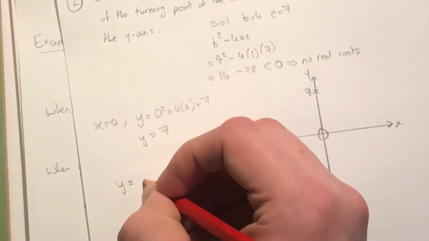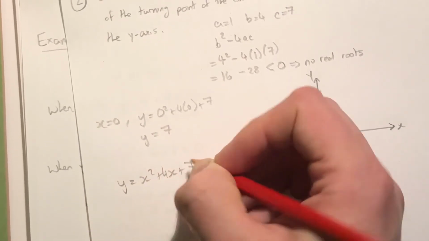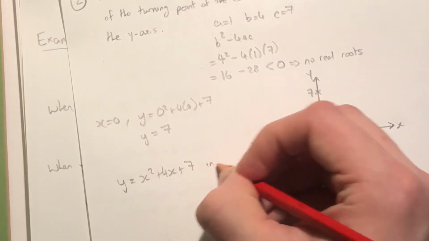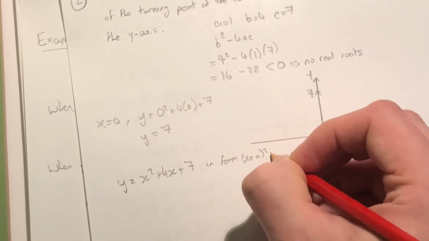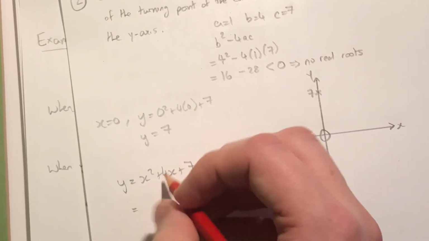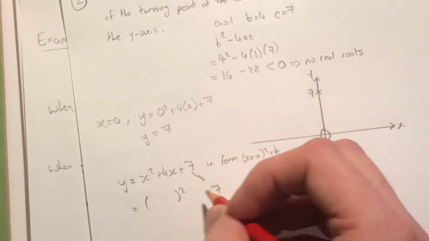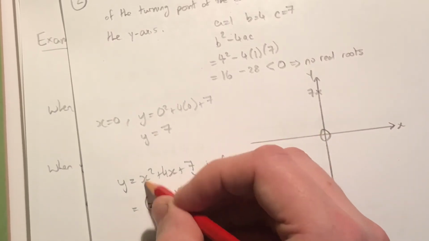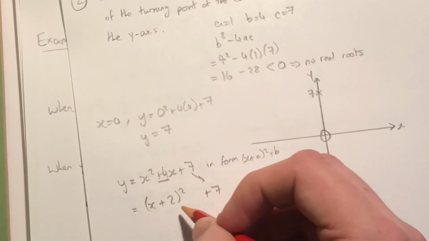So y equals x squared plus 4x plus 7 in the form x plus a all squared plus b. We're going to have the plus 7 out of the side. X squared turns into an x. Half of 4 is 2.